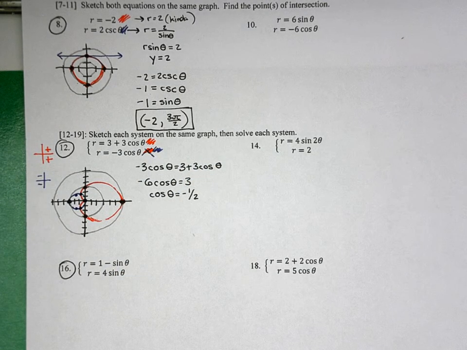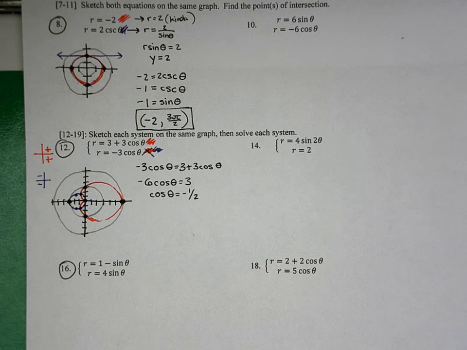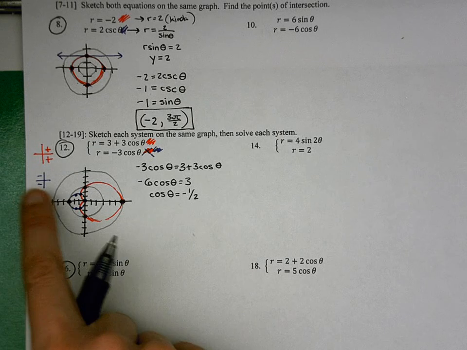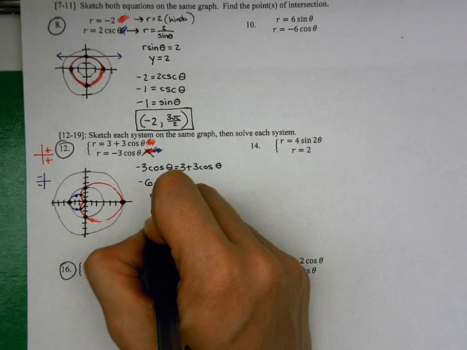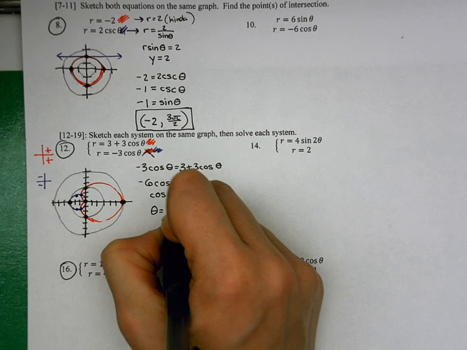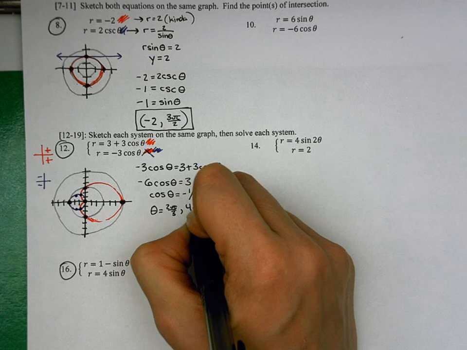And then looking for what your theta would equal, first of all, what makes cosine equal 1/2? Think through your angles, draw your triangles, unit circle, hand trick, however you do it. Cosine is 1/2 at your pi over 3 angle. And then what would be the pi over 3 angles that would create a negative cosine? Remember, cosine is negative in the second and third quadrant over here on the left. And so that would be at 2 pi over 3 in the second quadrant and 4 pi over 3 in the third quadrant.